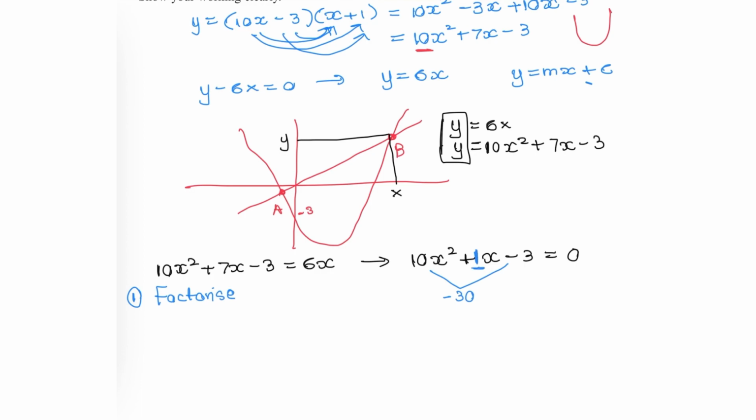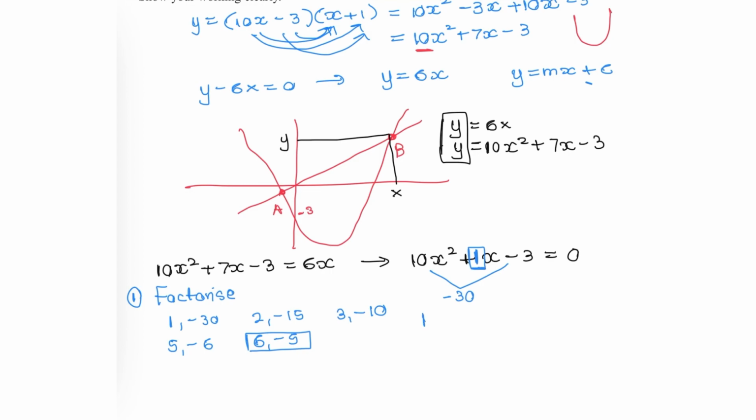So if we look at the different possibilities, we have 1 and negative 30, 2 and negative 15, 3 and negative 10, and then we have 5 and negative 6, or the other way around, which is 6 and negative 5. And I'm going to stop at this one because I know that when I add 6 and negative 5, that's going to give me a positive 1. So those are the factors I need.